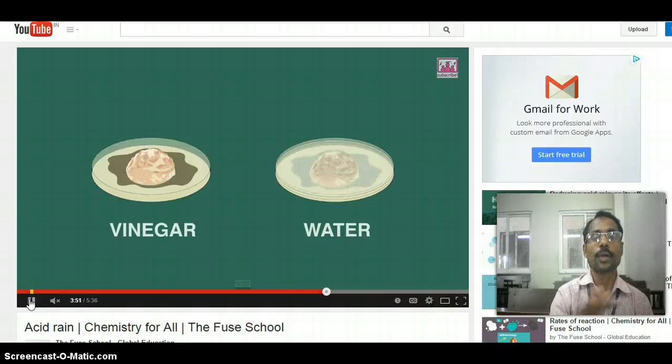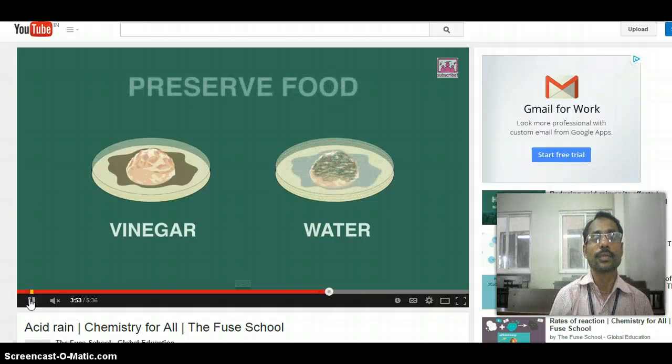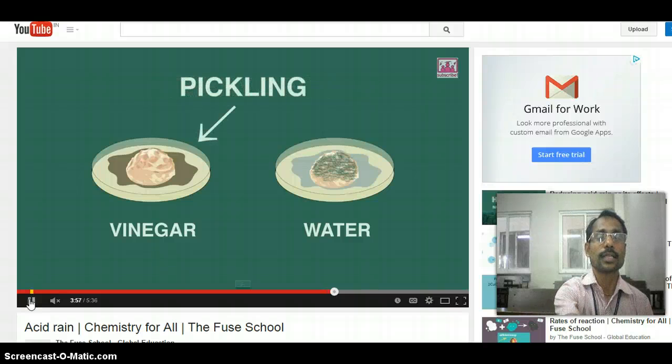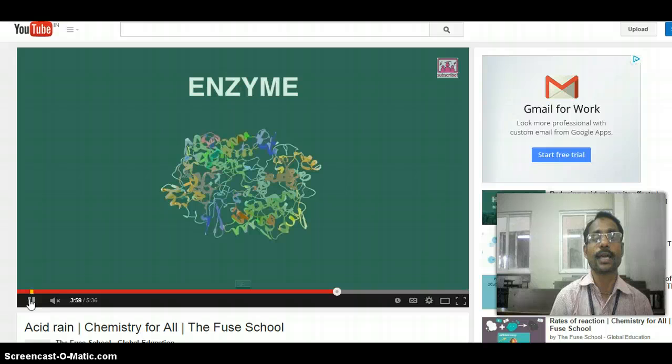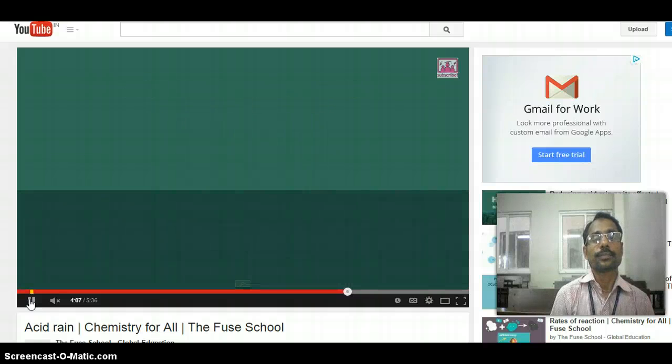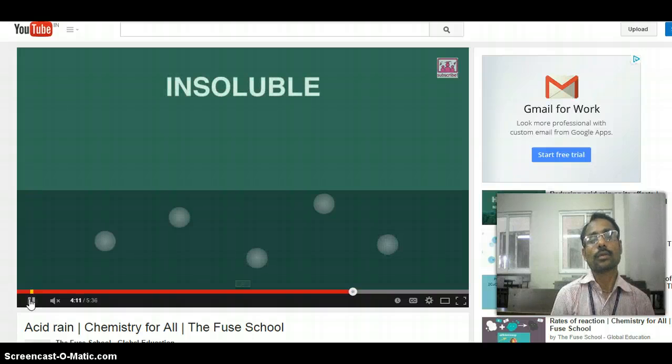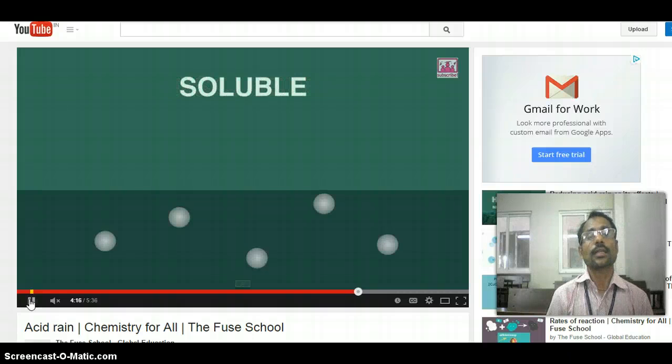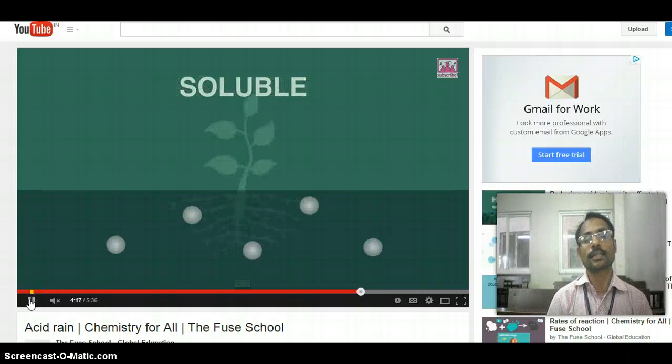You see both are preserved foods, the pickling in case of vinegar. Look towards this figure, you will understand.